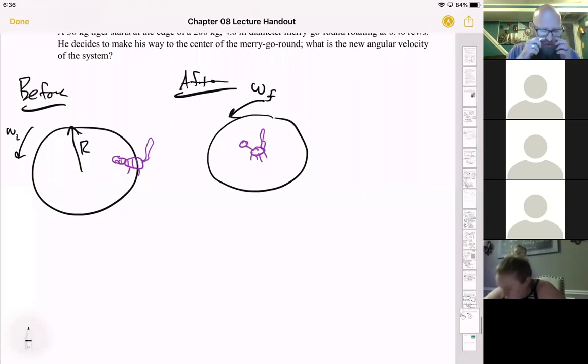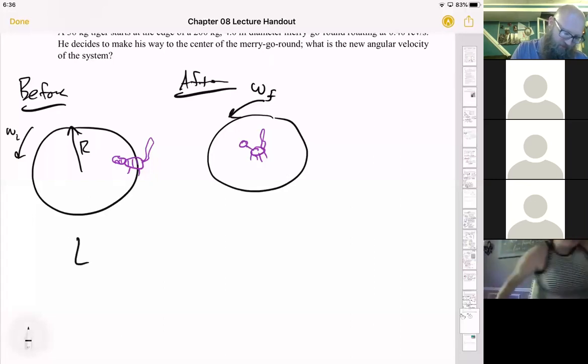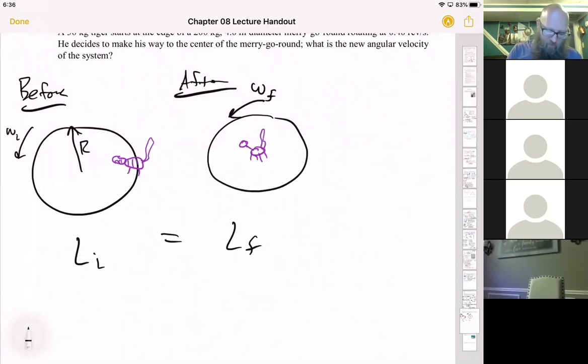Okay, so if the merry-go-round doesn't experience a whole lot of friction in its axle, I can assume that angular momentum is conserved. So I will say L initial equals L final. But what are those things?